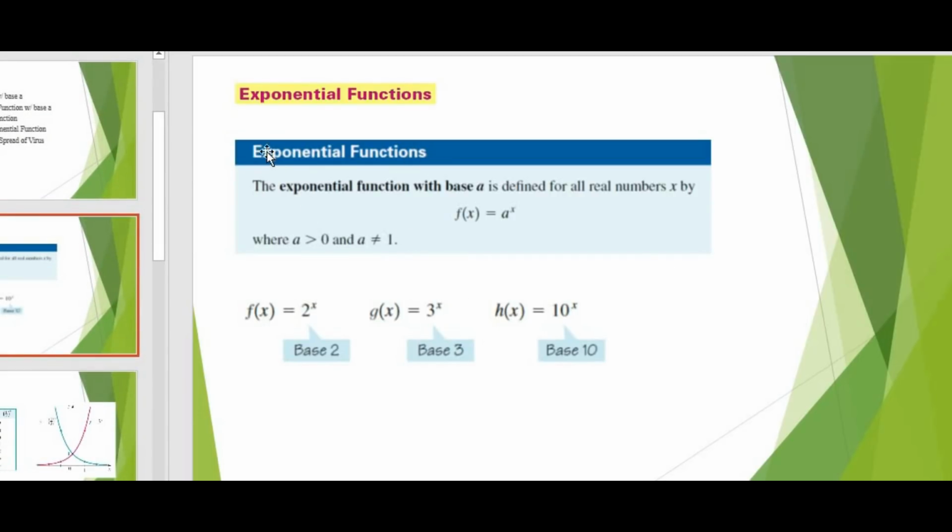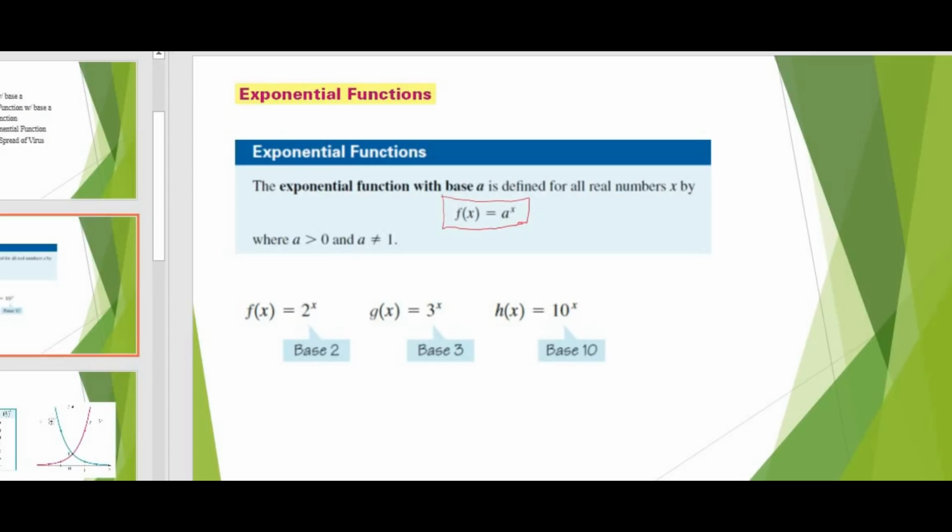So this is the definition of our exponential function with base A. It follows this equation. So we have f of x is equal to a to the power of x. Take note that we have these different examples.